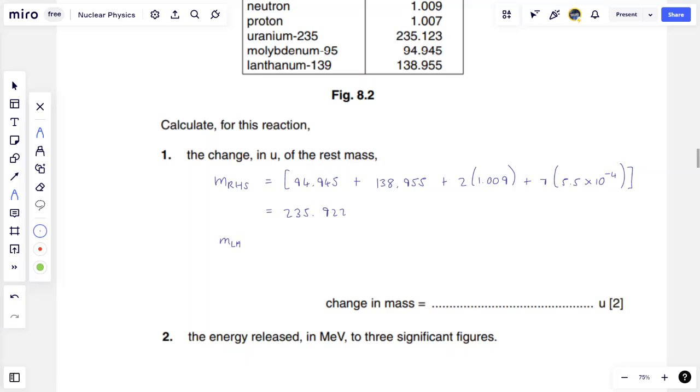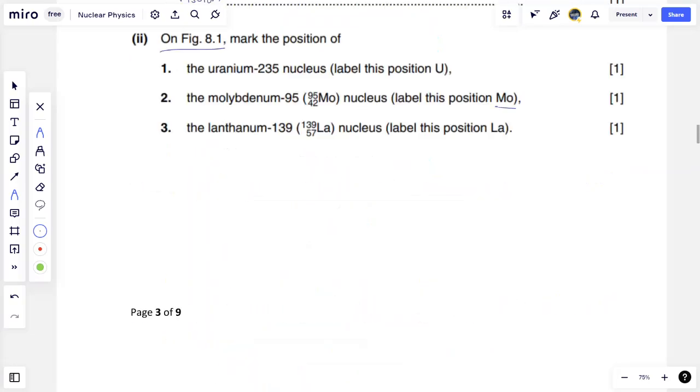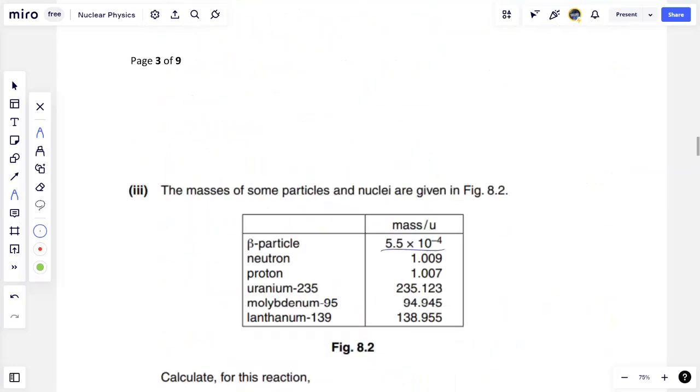Let's find the mass of the left-hand side. Again, I'm doing this in a very drawn-out manner, which you don't need to do. But as a first practice, it's good to see how questions are solved. The left-hand side is a lot easier. I have uranium and a single neutron.